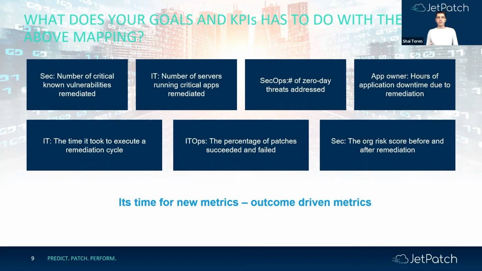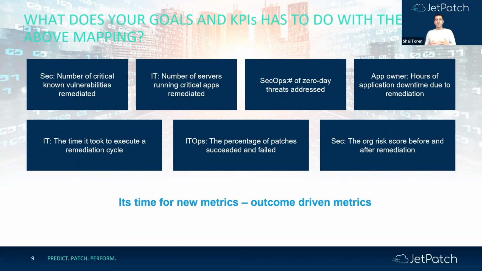So for example, if I'm a part of the IT team, I can set up a goal to measure the time it takes for me to execute a remediation cycle. If I'm in security, I will measure the number of critical known vulnerabilities that were remediated.